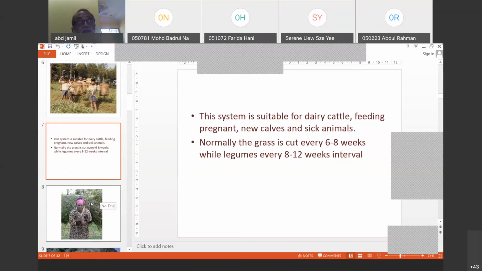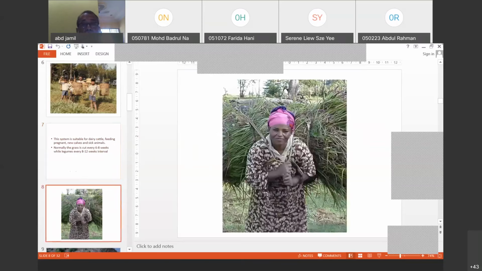The average daily weight gain is very high, can go about 200 grams per day, and the appearance probably is good because the hair is very thin, just looks like a small calf, macam anak lembu. So that's why. Okay, back to the, yeah, I got this picture from the internet.